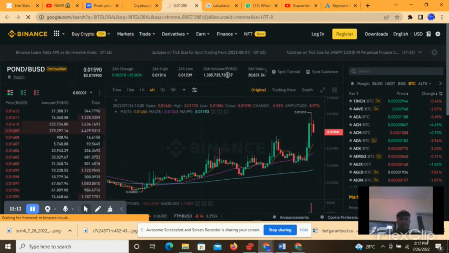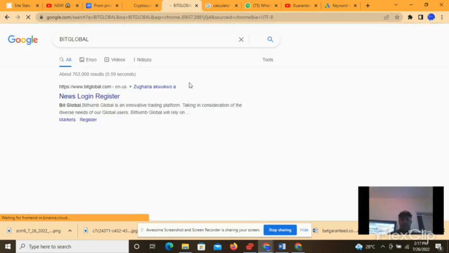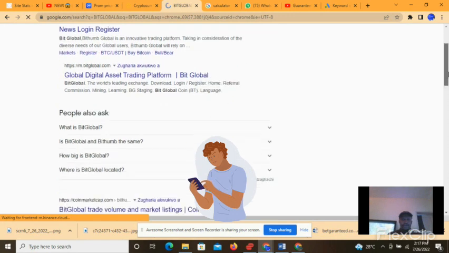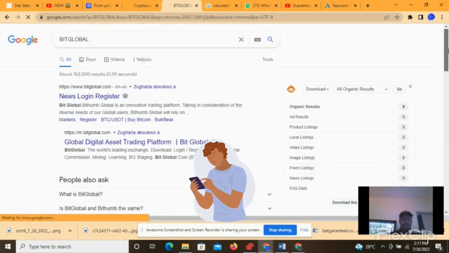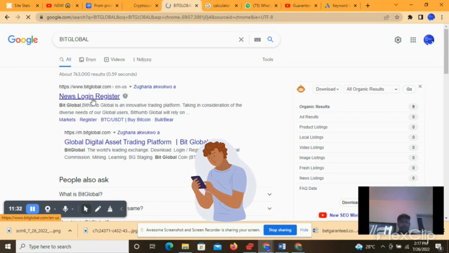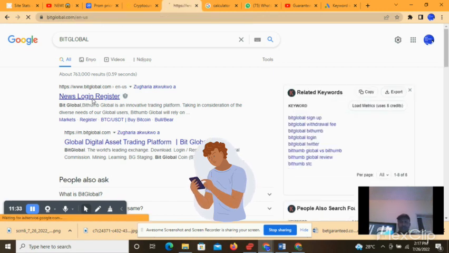Now you can actually get on Bit Global and register an account. Then you fund your account with USD Theta, which is the basic crypto you can fund any trading platform with.